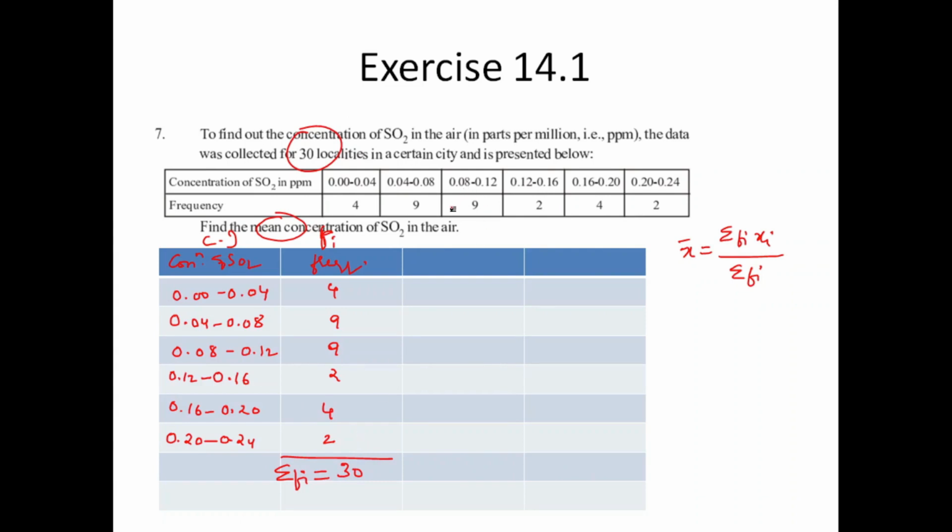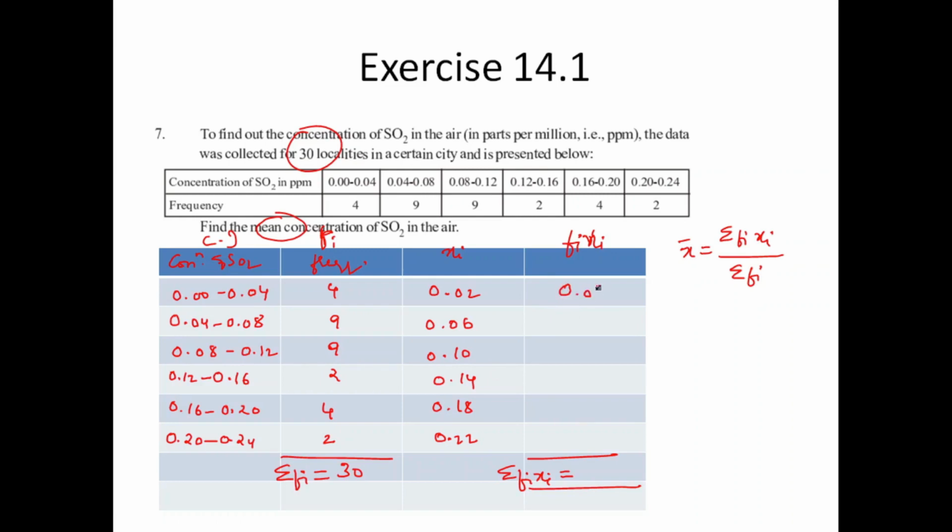So the next is your class intervals, that is your x of i. The x of i is your middle value of the class intervals, that is 0.02, 0.06, 0.10, 0.14, 0.22 are the required values. Let's look at sigma of f of i into x of i. So you need to add up all the required values, whatever you are getting.